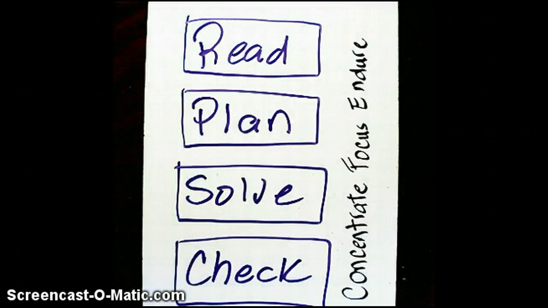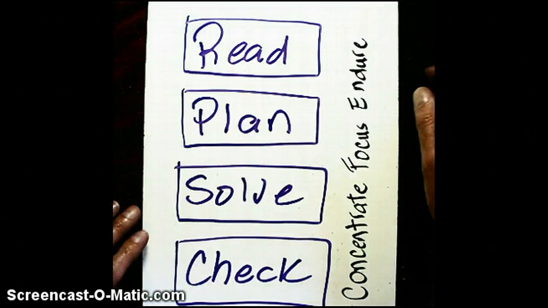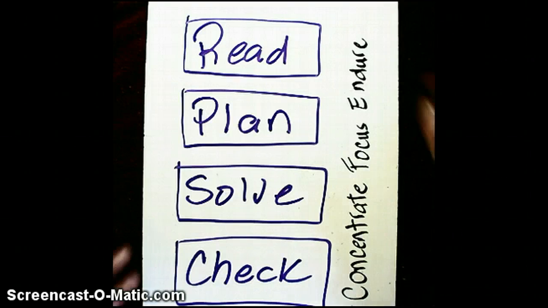Okay, I want to take a second and remind us, in that last problem, I read the problem, I came up with the plan, I solved it, and I checked it. Now, I did look at this problem a little ahead of time to make this video so that I came across like I worked it through. Well, guess what? We don't always have that experience.